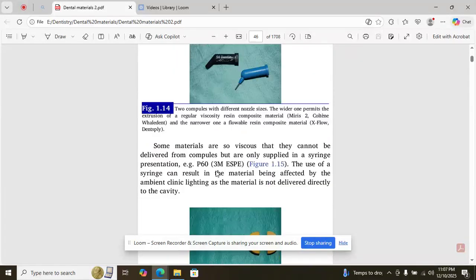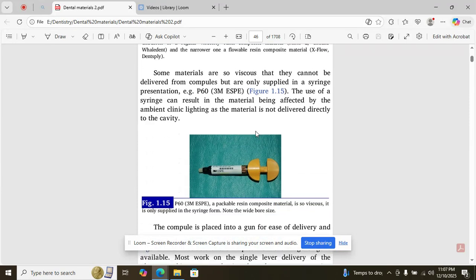Some materials are so viscous that they cannot be delivered from compules but are only supplied in a syringe presentation, for example P60 3M ESPE, Figure 1.15. The use of a syringe can result in the material being affected by the ambient clinic lighting as the material is not delivered directly to the cavity.